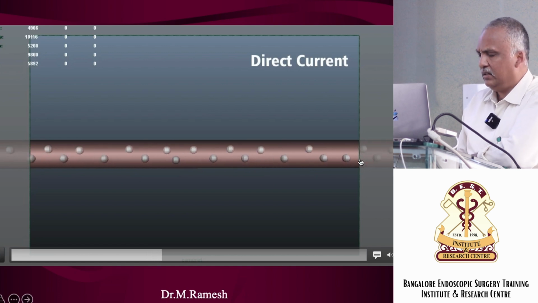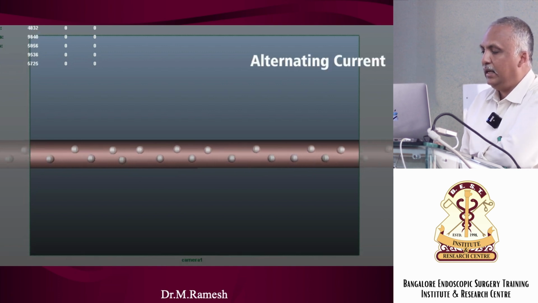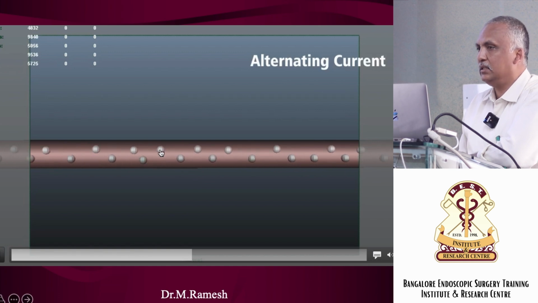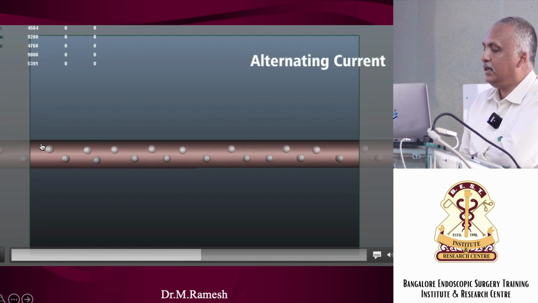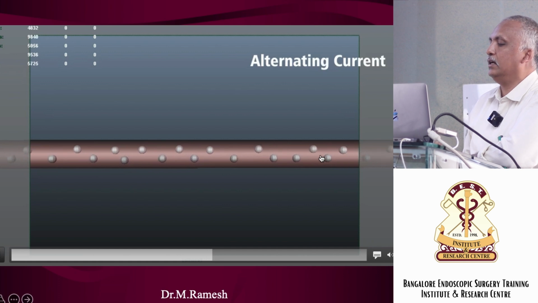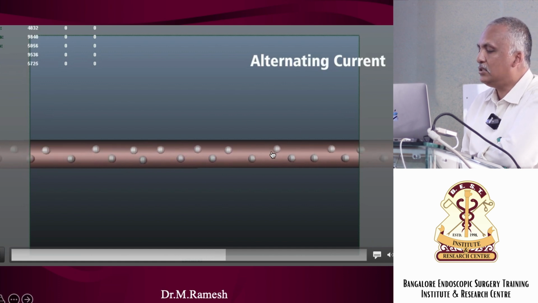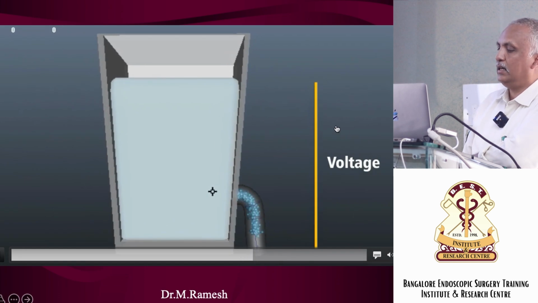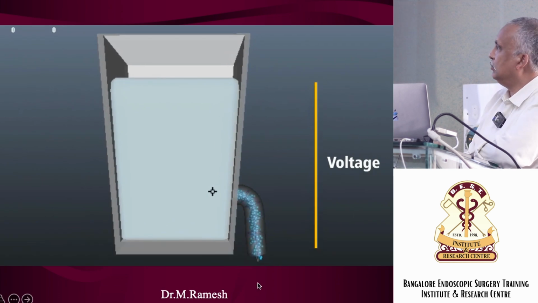So direct current is something that is flowing in one direction. We've heard in high school that electrons pass in one direction and electricity passes in another direction. So direct current is a unidirectional current. Alternating current is something that passes in one direction for a moment and passes in the other direction in another moment.